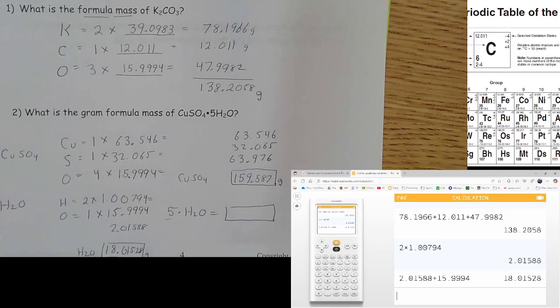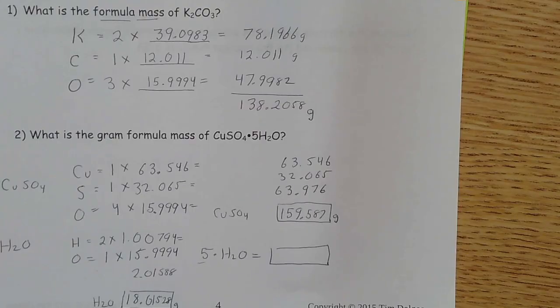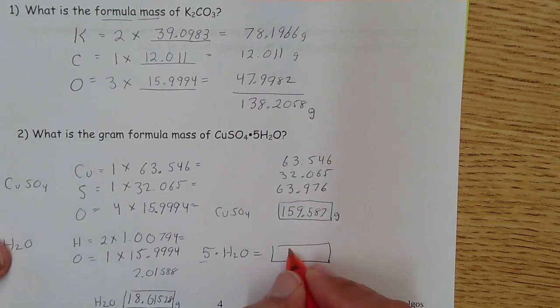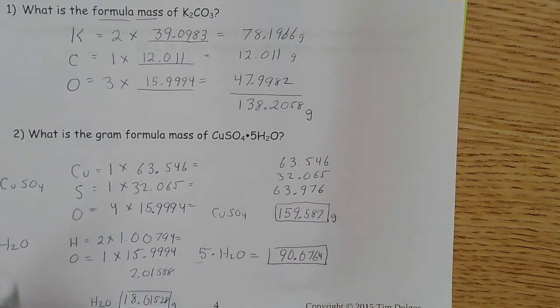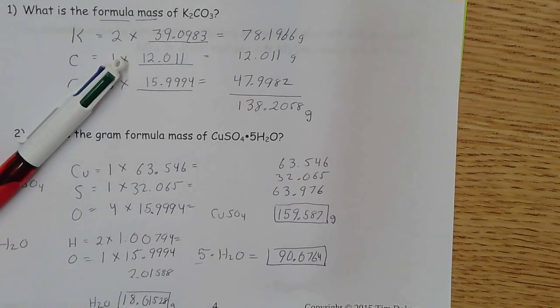For water, it's just a very common compound that we need the mass of, and then we'll need to take that and then multiply by 5. And how much water mass do we have in this compound? 90.0764. And then we'll need to multiply those two.